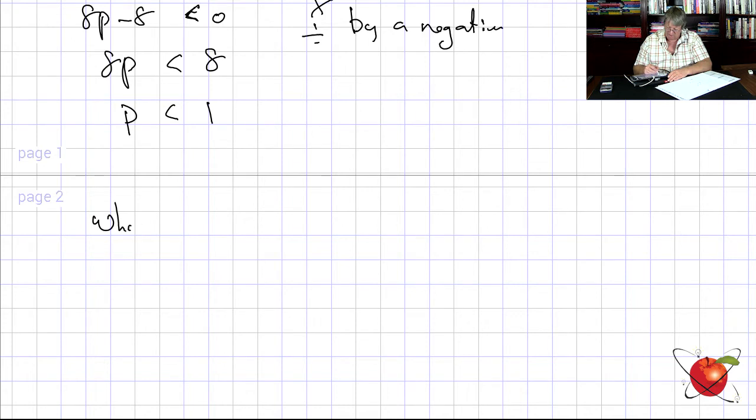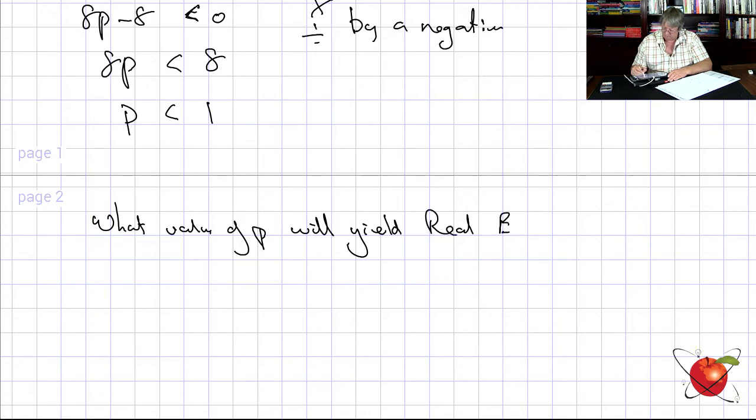What value of p will yield real equal roots? So I go to the flowchart and we say real. Go down the real side until you get real and equal. Therefore, what do we say?